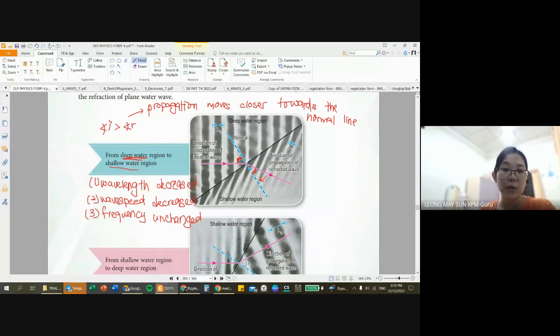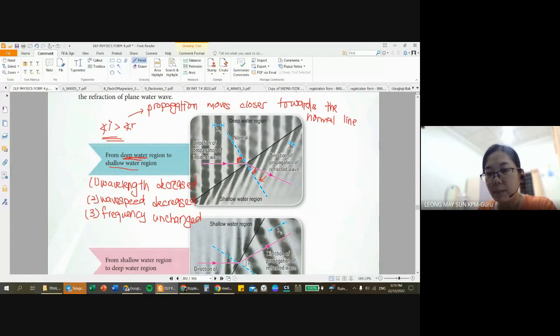So in this case, the water wave is moving from a deep water region to a shallow water region. The wavelength decreases, wave speed decreases, the frequency remains unchanged, but the incident angle is greater than the refracted angle. What is the incident angle?